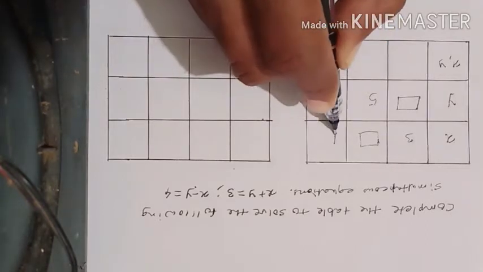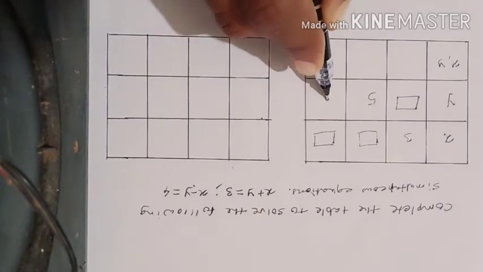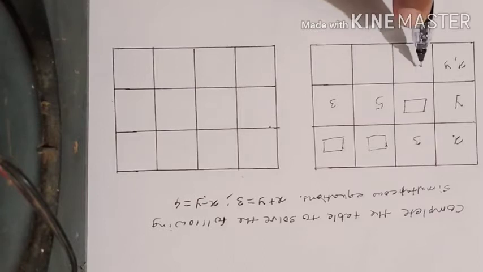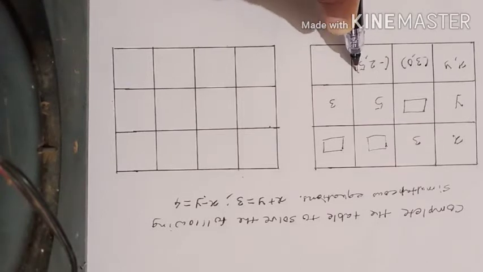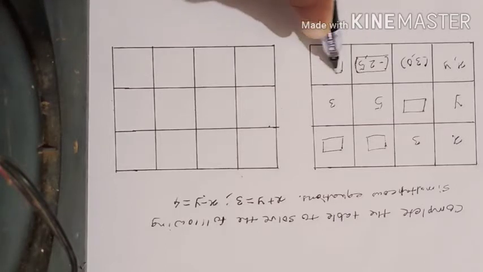Here is also a box, and here is 3. Now you will see that we have to fill here 3 comma 0, comma minus 2 comma 5. Here is a box, and here is also a box.